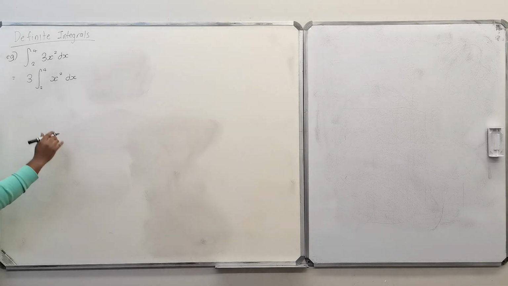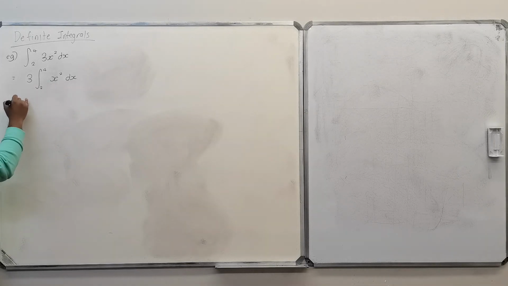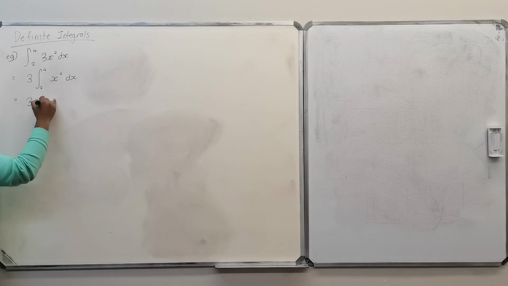So, first thing you would do, you would need to integrate this, okay? What you do first, you put your constant terms out. Integrating from 2 to 4, x squared dx, right? Integral of this, 3 times x cubed over 3.